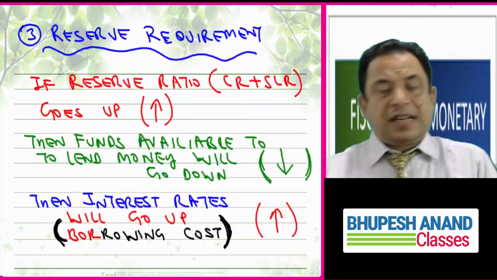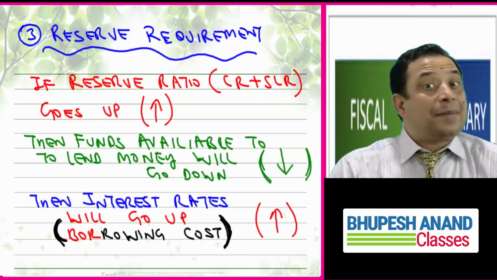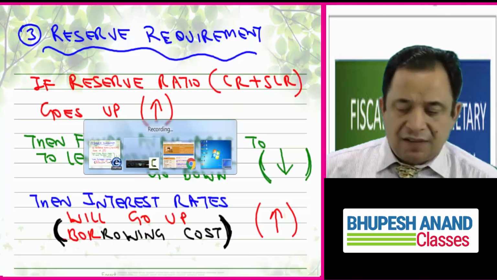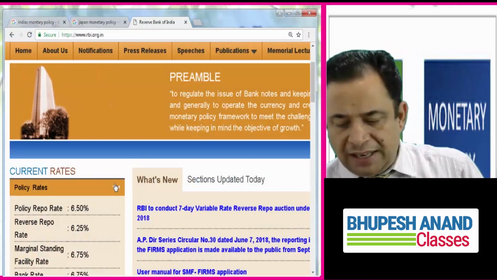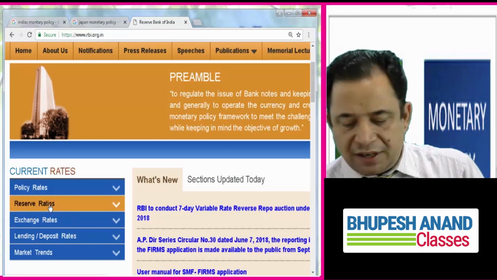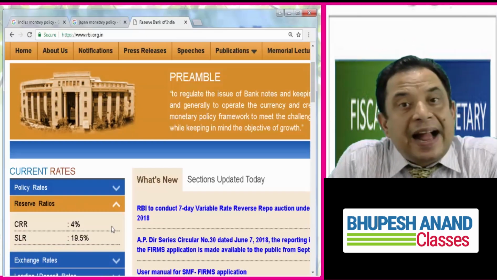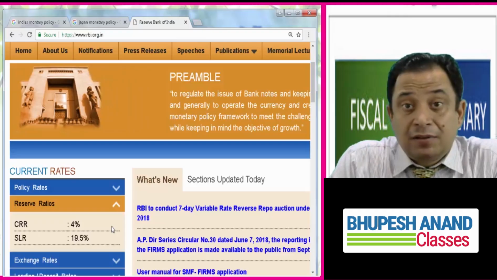The next point which I want to tell you is reserve requirement. The second tool which RBI, the central bank of any country, has is reserve requirement. We have discussed it in the last lecture also. Now when I say reserve requirement, just see reserve ratios. These are the reserve ratios which a commercial bank has to keep, because we were discussing the fractional reserve banking system.